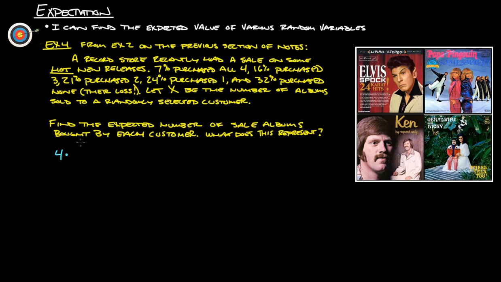That was 7%, 0.07, plus the number of people that purchased 3, and the probability of that was 0.16. The number of people that purchased 2 was 21%, so 0.21. The number of people that purchased 1 was 24%, 0.24.